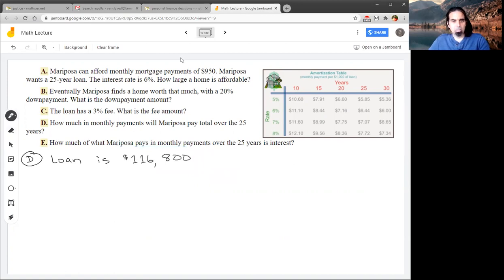And we still had 6% in 25 years. So now we go forwards. Remember the forwards, backwards. We're going to take that amount.